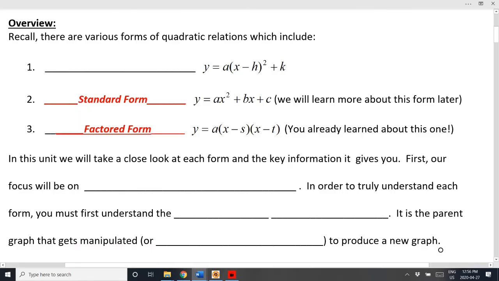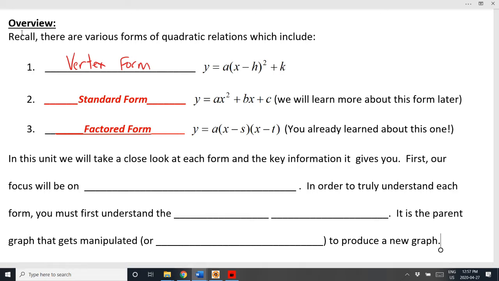Recall, there are various forms of quadratic relations, which include the vertex form, which is in the form y equals a(x minus h) squared plus k. Standard form, which is in the form y equals ax squared plus bx plus c.